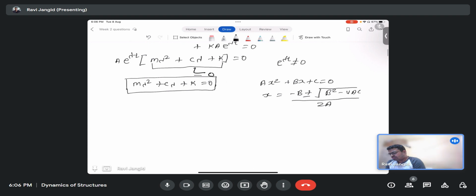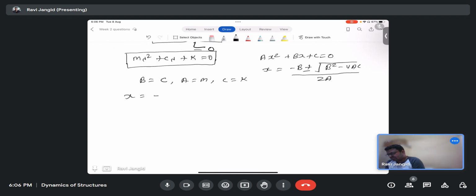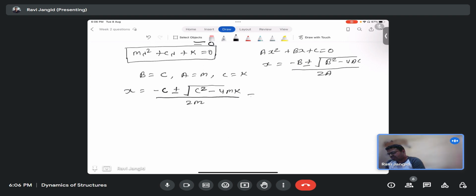Here, b is c, a is m, and c is k. Putting these in, that would be minus c plus minus square root of c square minus 4 m k, divided by 2m.